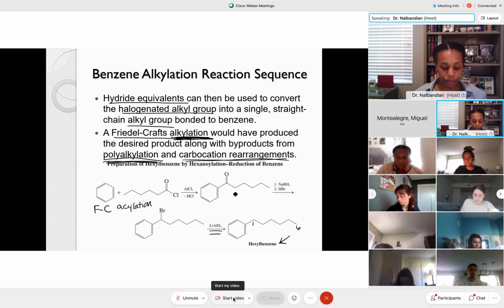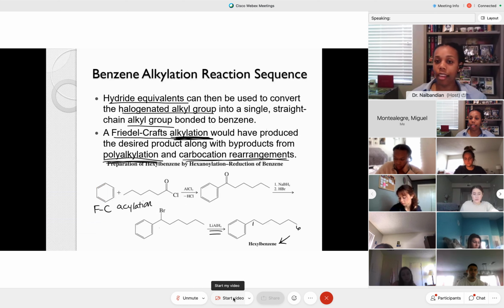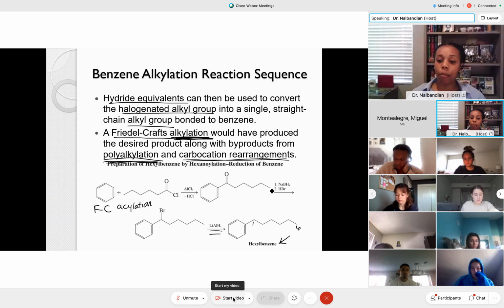Questions on that? So Friedel-Crafts acylations are more desirable than Friedel-Crafts alkylations, since you can get the alkylation product through an acylation and these further steps. All right.